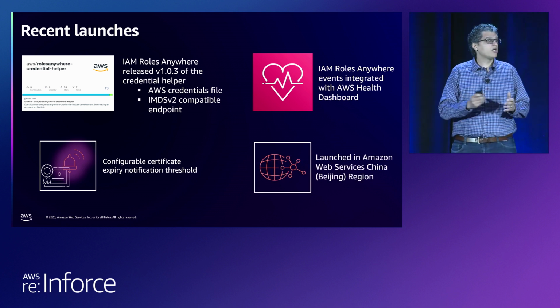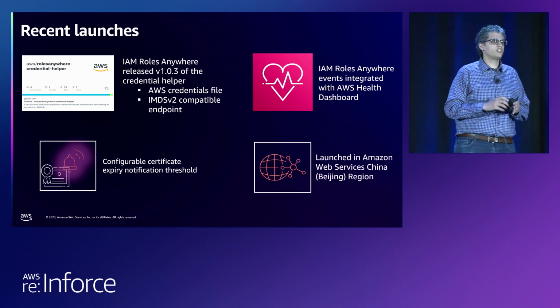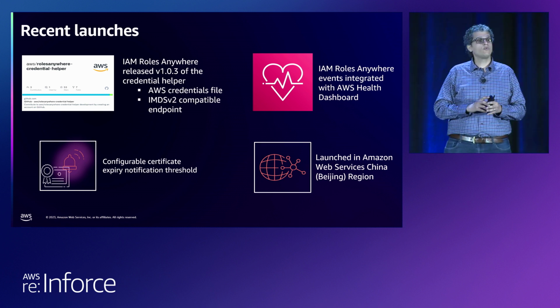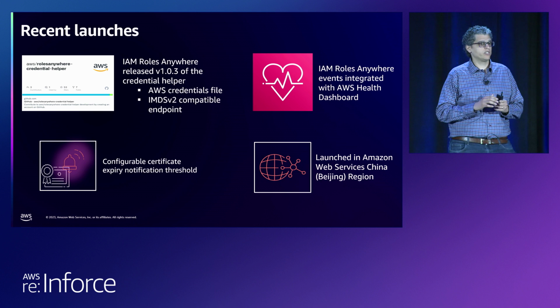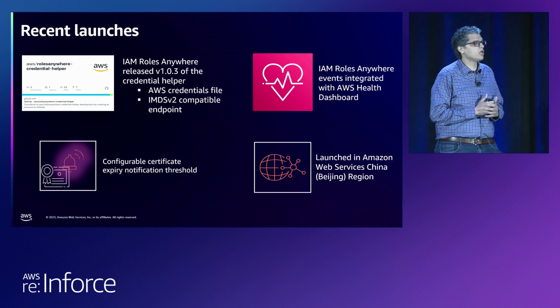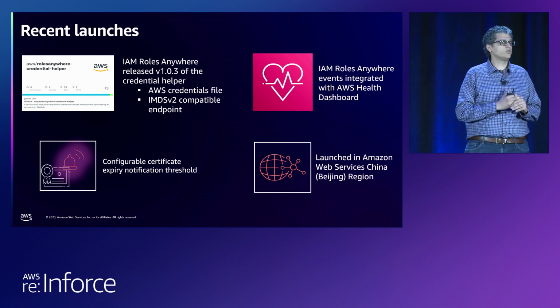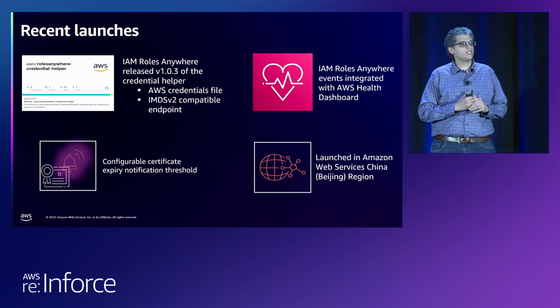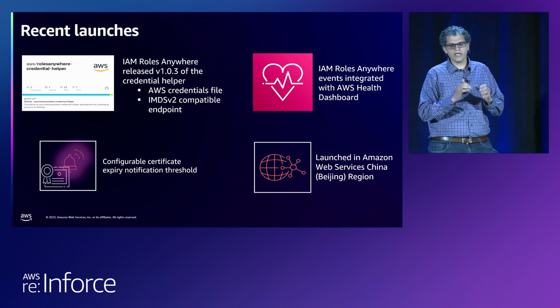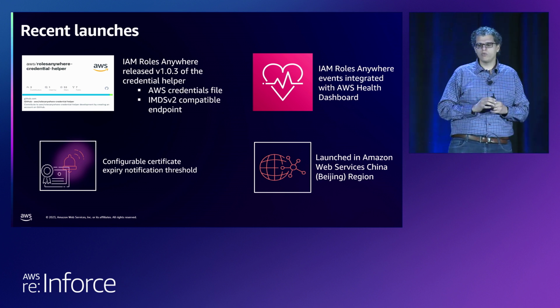Also, as you know, IAM Roles Anywhere is a regional feature, and today it exists in 24 AWS commercial regions at no additional cost. In March this year, we also launched in the China regions, both CN North 1 and CN Northwest 1. And when it comes to regionality, I just want to call out one part of it.